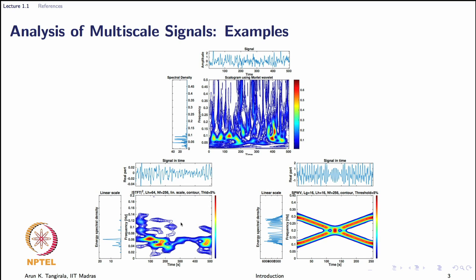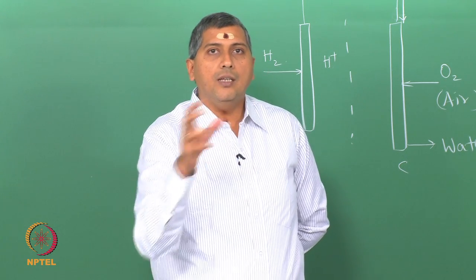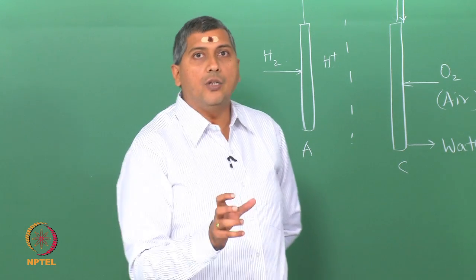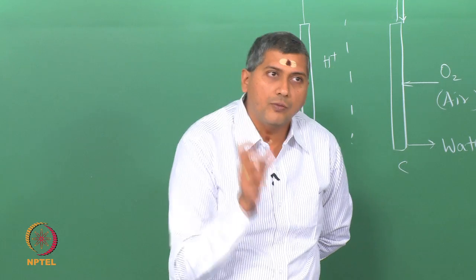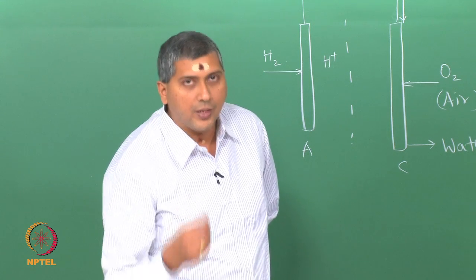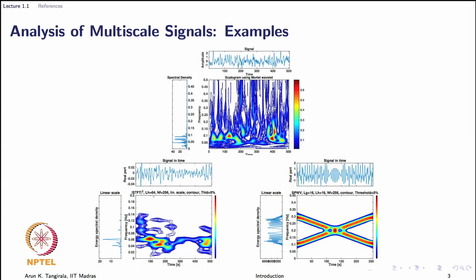This plot is generated by means of a short time Fourier transform, and it is called a spectrogram. Once again, this tells me how much the components in each frequency band have contributed to the energy of the signal over that time interval. So, we are able to obtain local information in time. That is the key word that you have to remember.